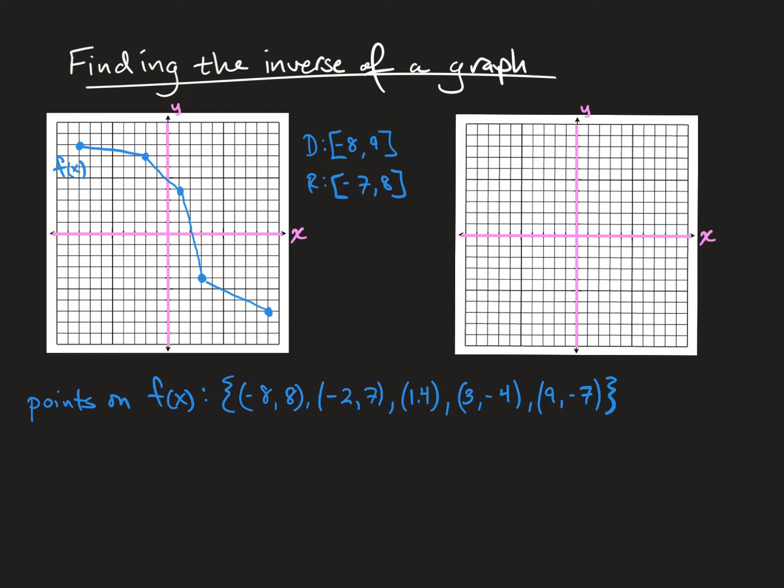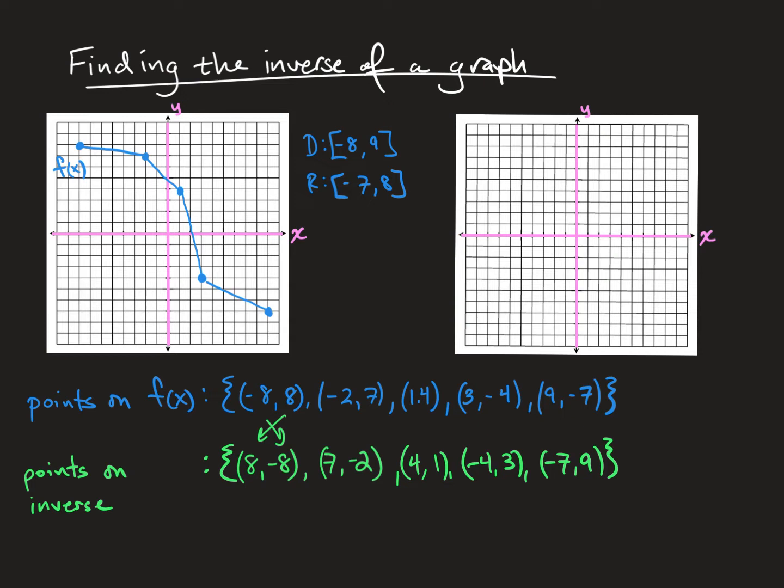And from here, all you have to do is remember that big idea from the last slide in swapping the x's and y's. So this first point would become 8, -8. The second point would become 7, -2. And I want to make sure here you understand I'm not swapping signs, I'm just swapping the positions of these numbers. And so you'll do that for the rest of the points.